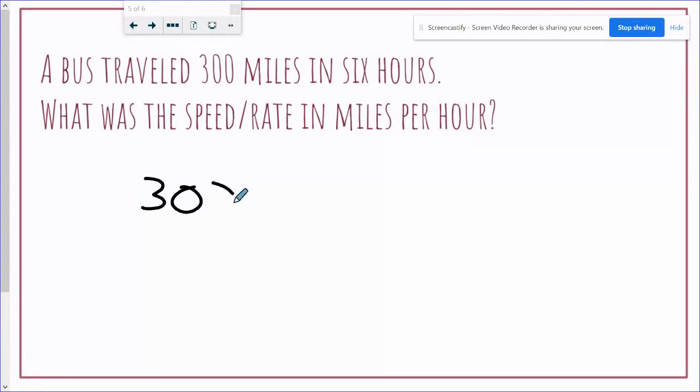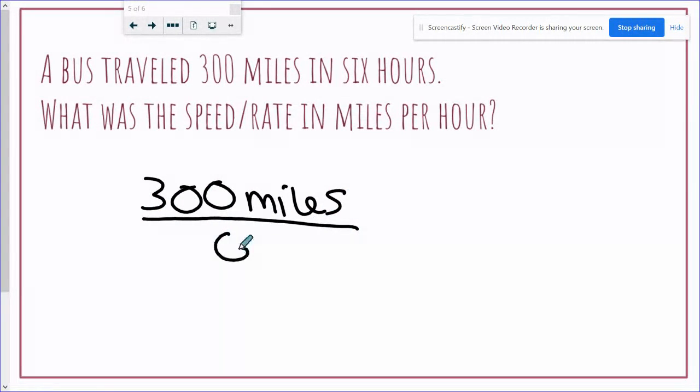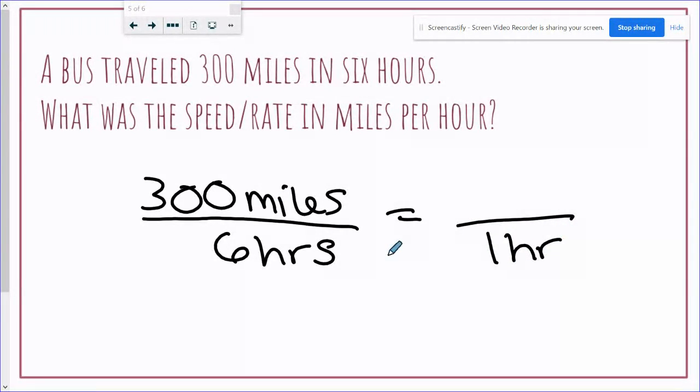A bus traveled 300 miles in 6 hours. What was the speed or rate in miles per hour? So we want to know what is the speed per hour.